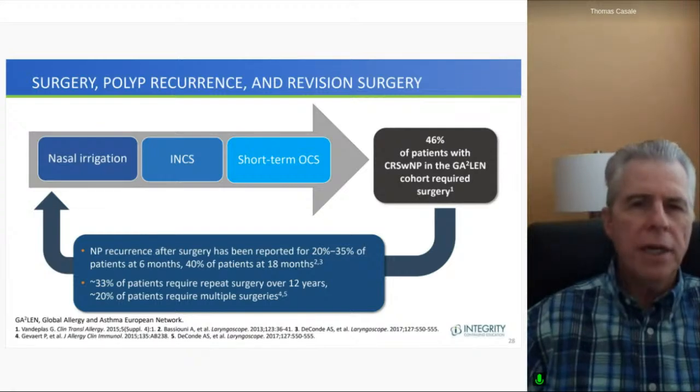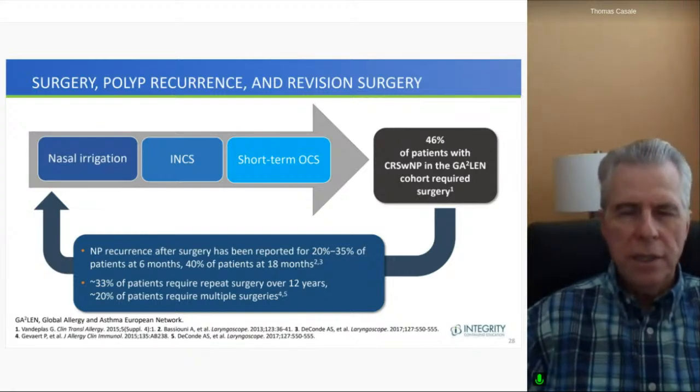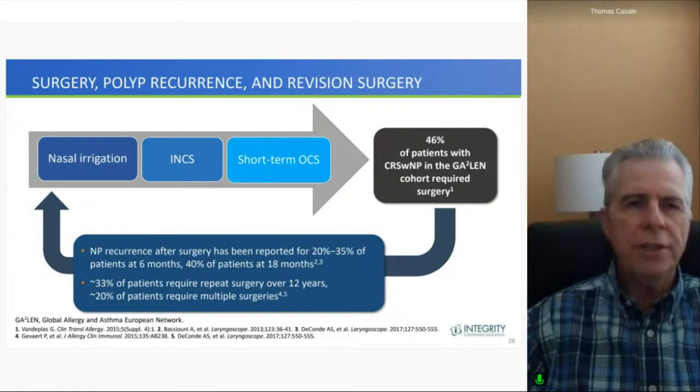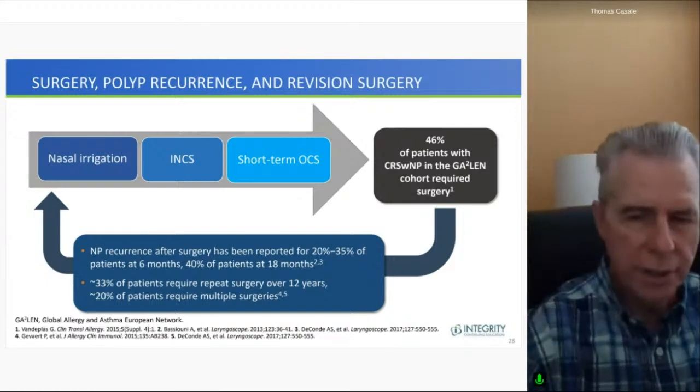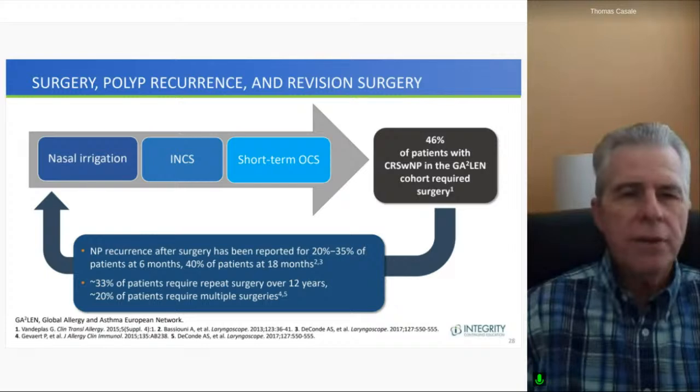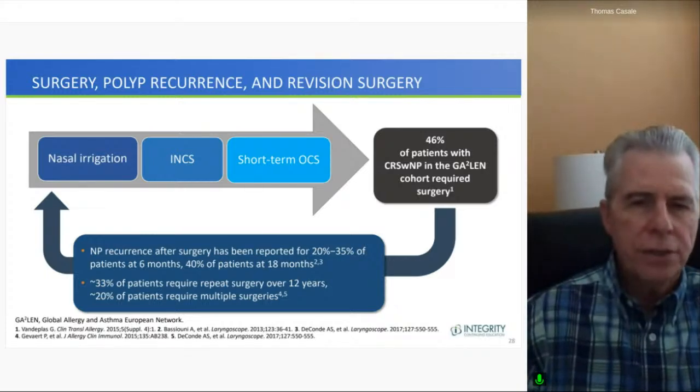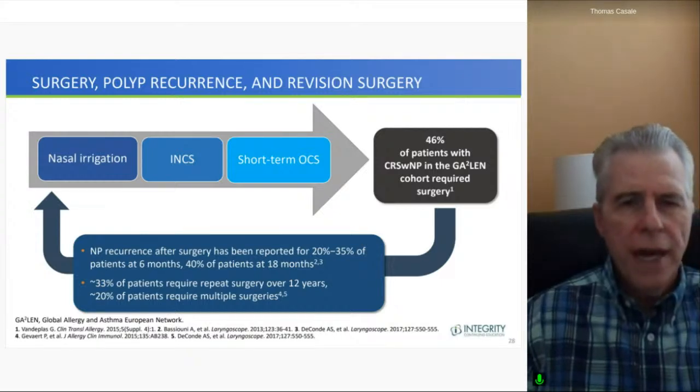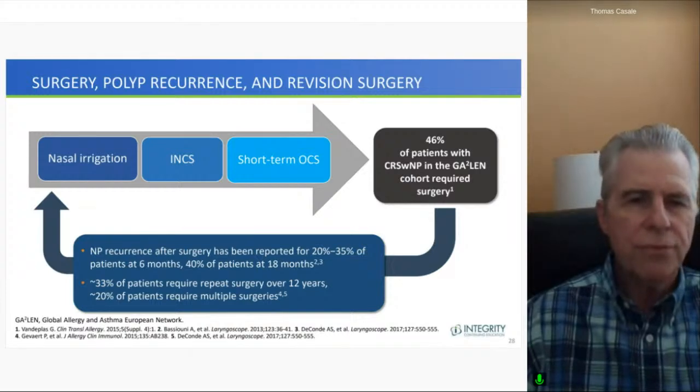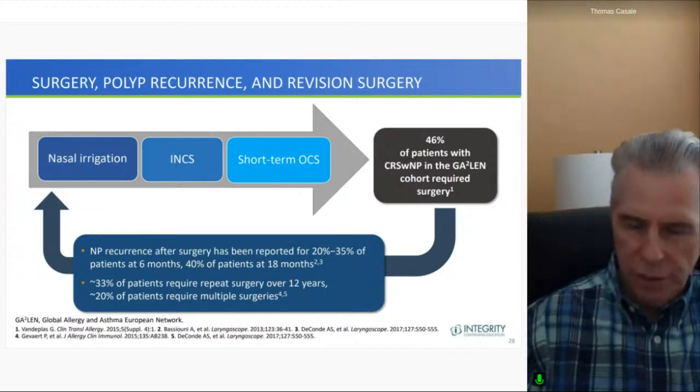And assuming that you've tried the FLUTICASONE preparation that's in the exhaled delivery device, you might also consider surgery. And again, you could see that although successful, quite a few patients require repeat surgery over the years. And that's one of the drawbacks, that it's not curative, but it does relieve symptoms fairly quickly.